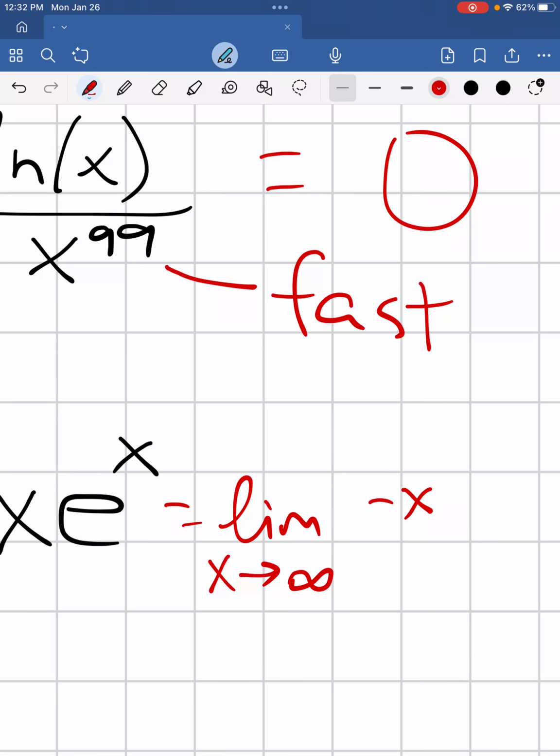E to the negative x in the numerator can move down to become e to the x in the denominator. So what I notice now is that I have the faster thing in the denominator, which means this limit is also 0, bigger on bottom.